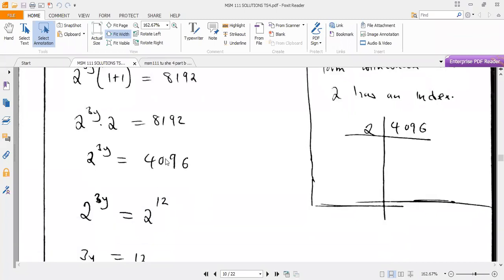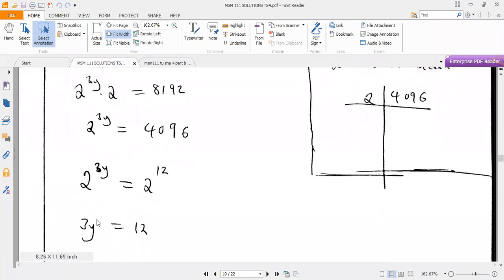Now the bases are the same, which means the exponents are equal.